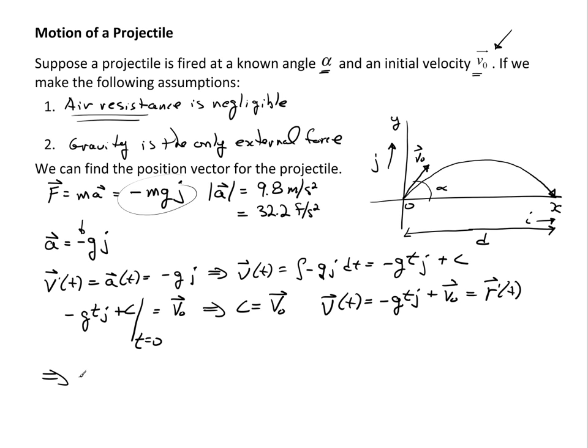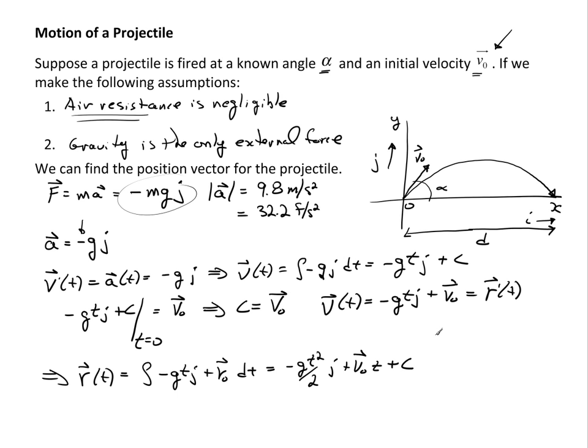That would then mean that the position vector, r of t, must be equal to the integral of negative gtj plus v naught dt, which is equal to negative gt squared over 2 j plus v naught t plus c.